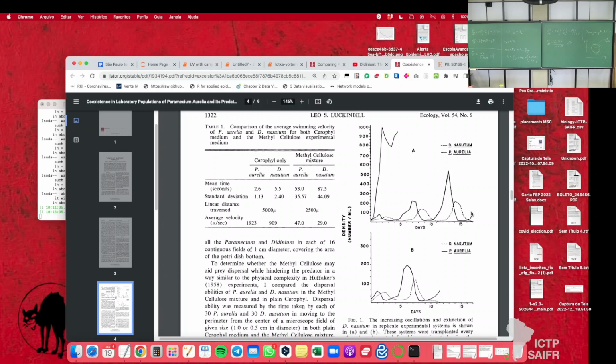Didinium literally starves. And you see here, this one is the aurelia, and it goes to 0 here. Again, you have the crash of the population, but you have oscillations.